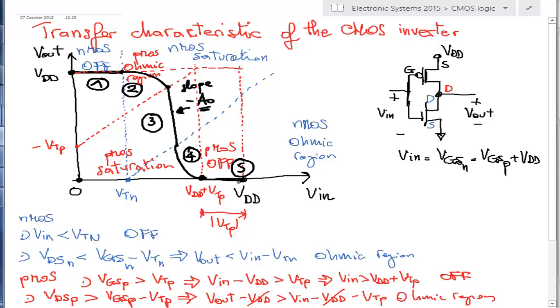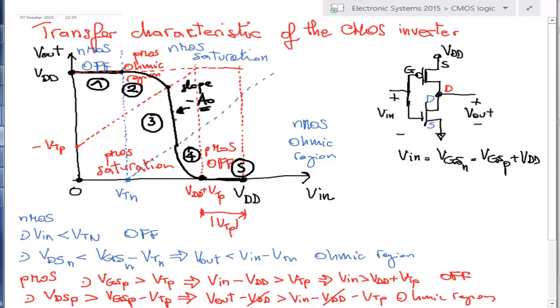Because of course the PMOS and the NMOS are symmetric. VTN is equal to minus VTP, so part 1 of the characteristic is equal in length to part 5 of the characteristic. The 2 and the 4 are equal, and the part 3 is in the center of the square.